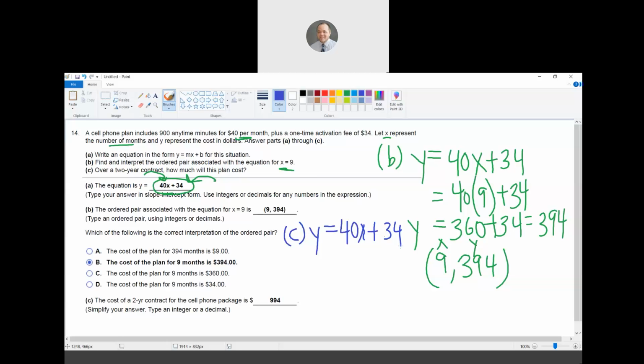We're looking for the cost over a 2-year contract. Be careful. Our X is in terms of months. So we need to convert 2 years into 24 months. So that's what we'll plug in for X, 24.